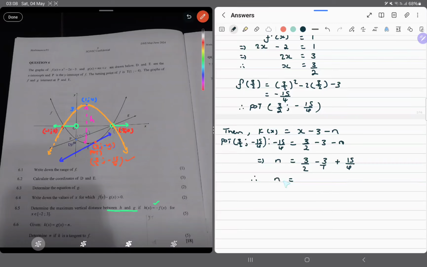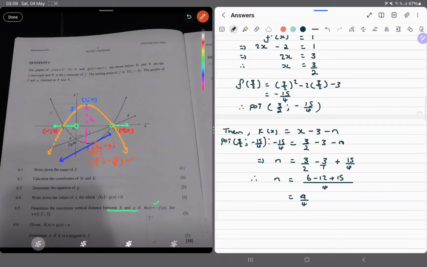We can say here, therefore n must be, we look for the common denominator, which is 4. 4 divided by 2 is 2. 2 times 3 is 6. 4 divided by 1 is 4. 4 times 3 is minus 12. Therefore, plus 15. So this is minus 6 plus 15. That is 9 over 4.